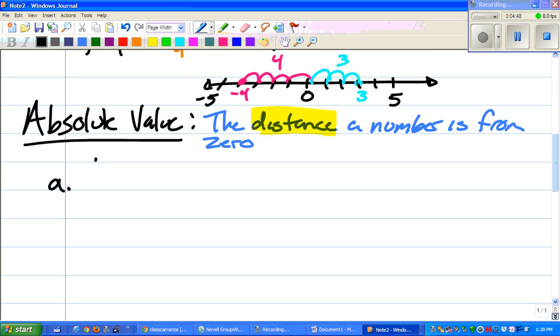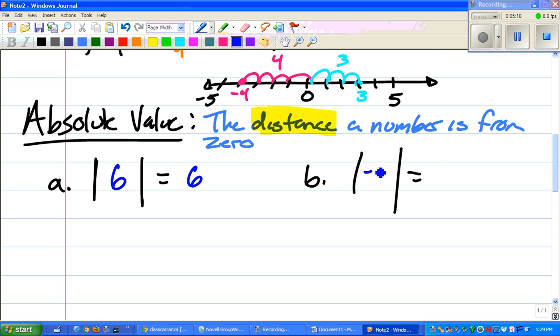Okay? Now, absolute value, you're always going to see those big lines. Those are just the absolute value symbols. So the absolute value of 6, I want to know how many spots is 6 away from 0. And that is 6 spots. Now, our next one, -6. How many spots is -6 away from 0?